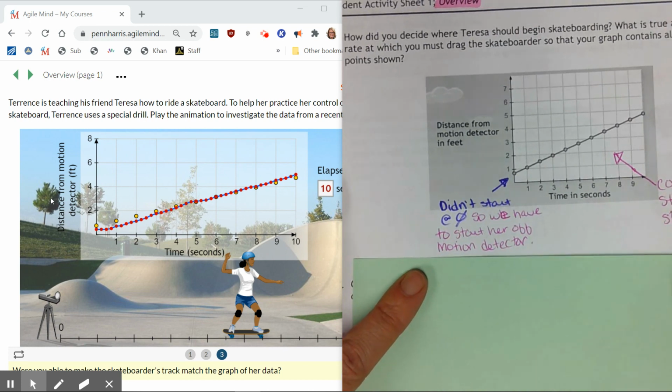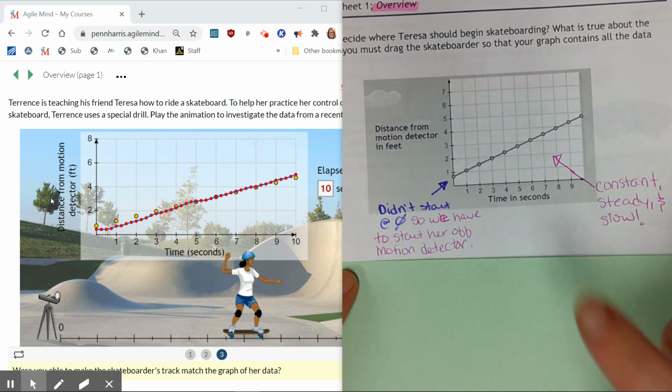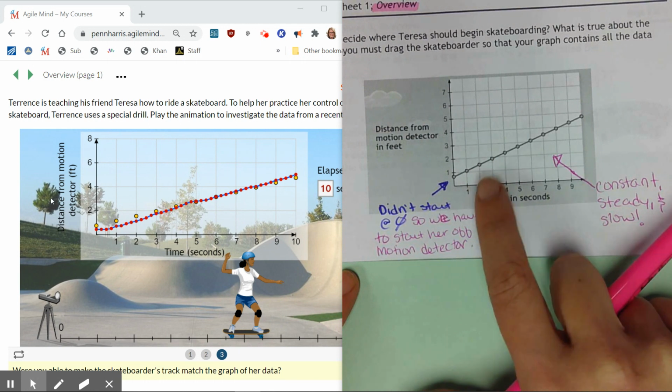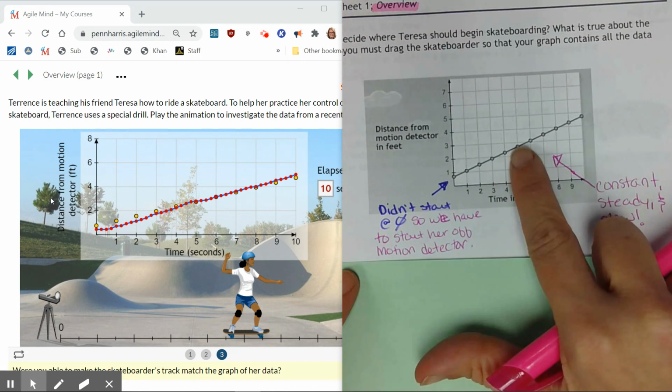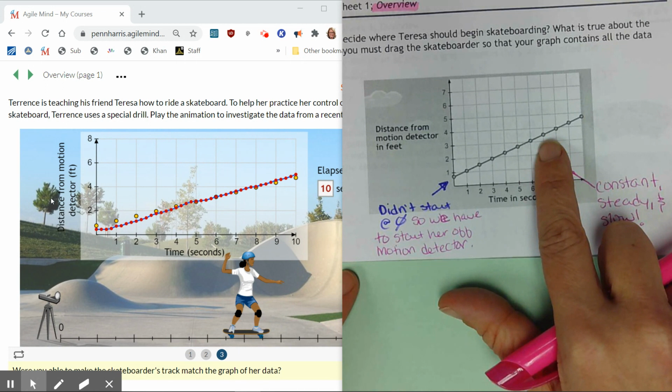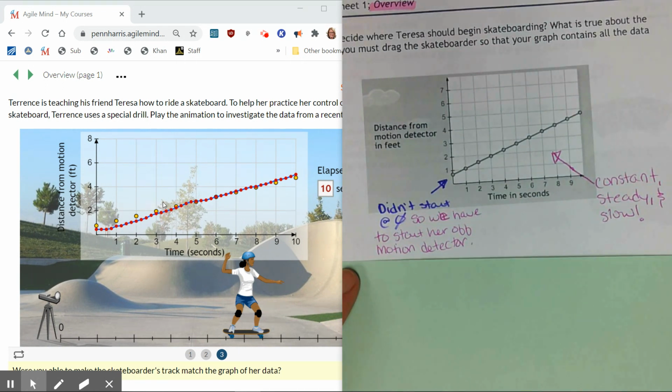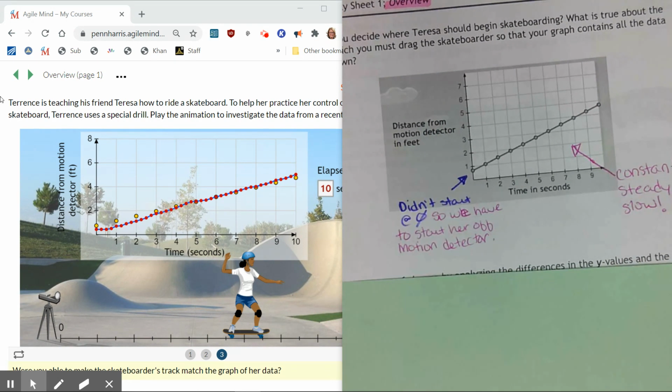What I also knew about this graph is that it was constant. It stayed the same throughout the whole thing. It was steady and it was slow. And by slow, guys, I mean it was slow. It took her 3 seconds to travel 2 feet. I don't know if you've been on a skateboard, but you don't do anything slow on a skateboard. Even when you fall, it is very quickly and not usually with any grace. Okay, so let's go on here now.